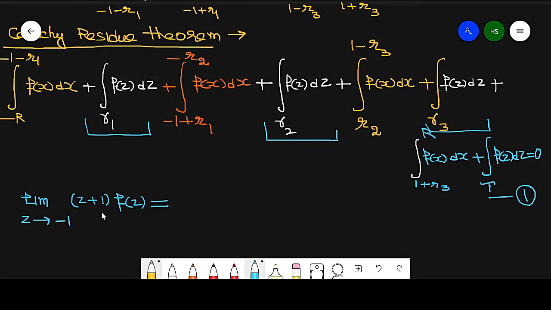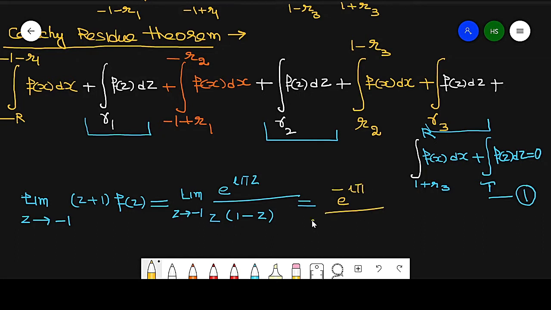To simplify, this value will become e raised to the power iota pi z over z(1 minus z), with the factor (1 plus z) cancelled, and the limit is z approaches minus 1. This value becomes e raised to the power minus iota pi over minus 1 minus 1, which is 2.